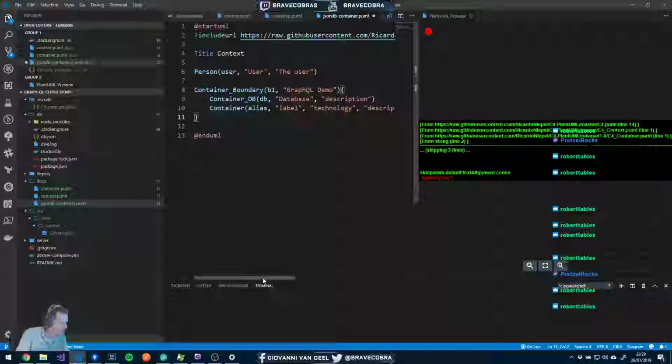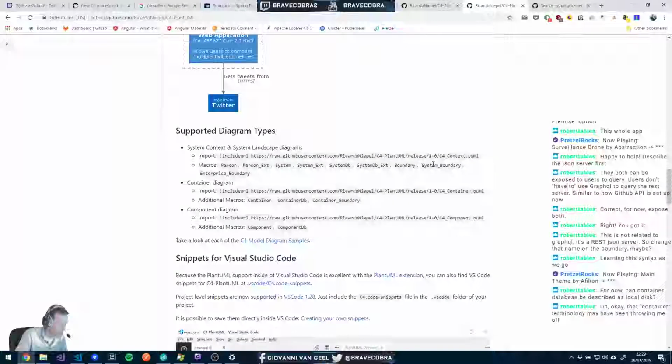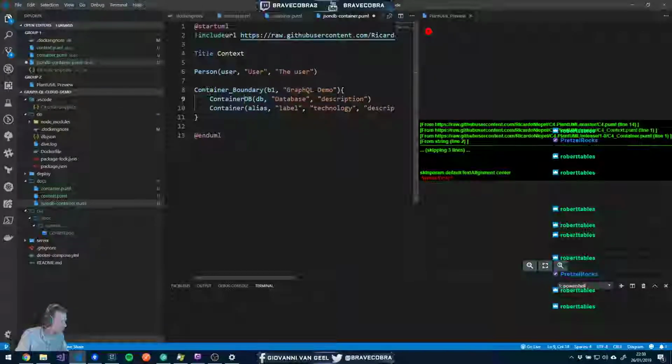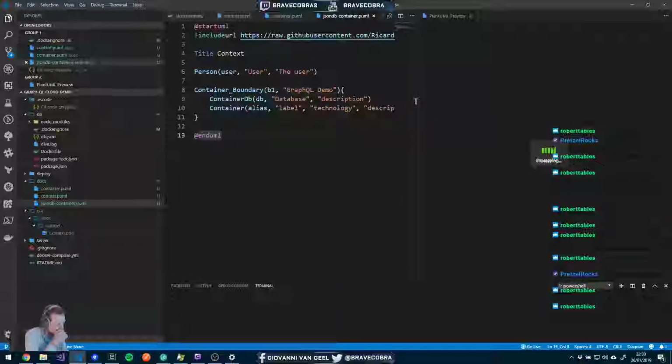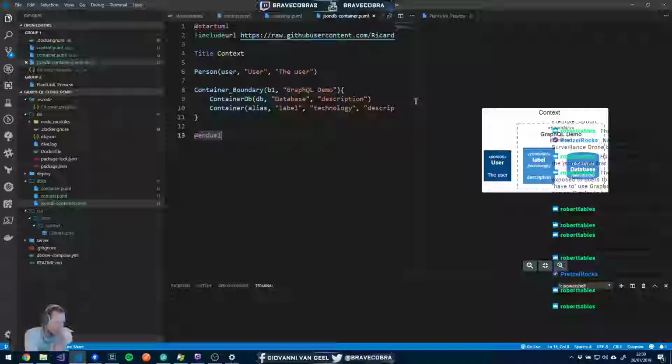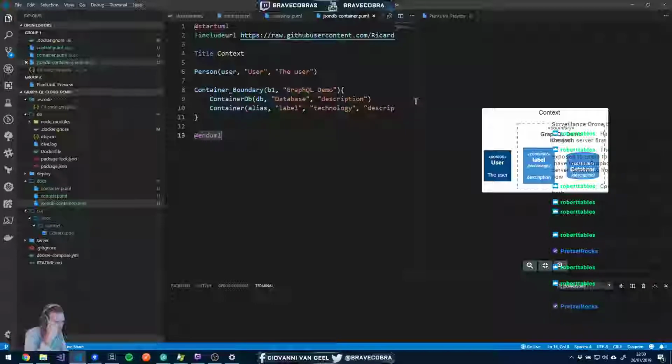It's a DB one. It doesn't like that. What was the proper name? We've got a system DB, container DB, like that. Okay, that should be better. Yeah, okay. You see now that instead of just a square, it displays it as a proper database.